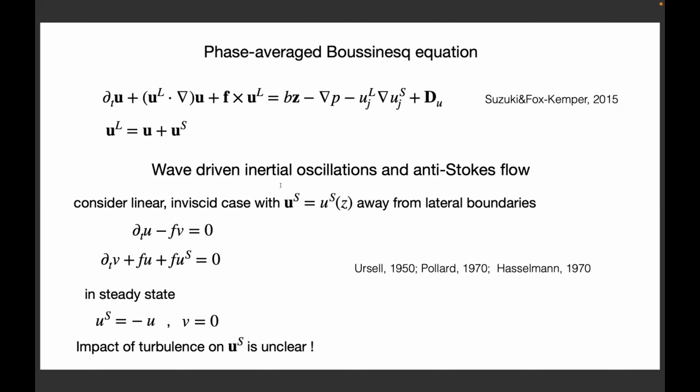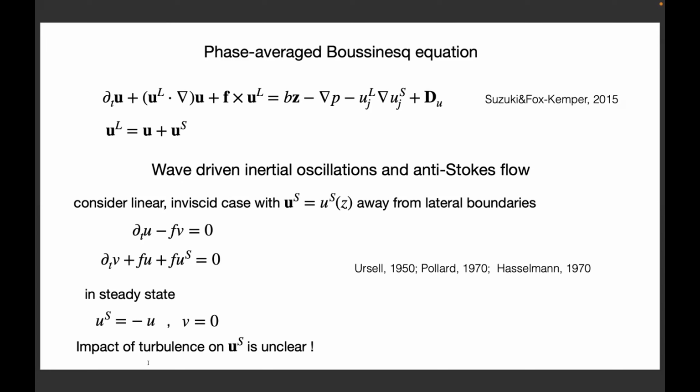The Stokes shear force then only shows up in the vertical momentum equation. And if the Stokes drift changes over time, then this generates inertial oscillations. This was already shown by Hasselmann in 1997.